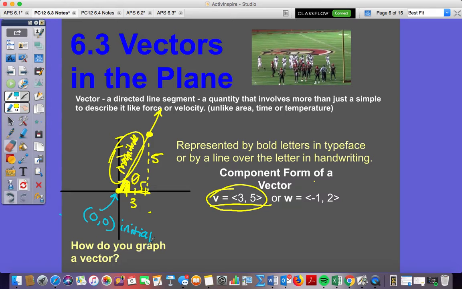The full point would be (3, 5), right? Now notice, is this in component form? No, it's regular parentheses, right? But when I end up creating a vector, that's when we have the greater than and less than signs. Does that make sense?